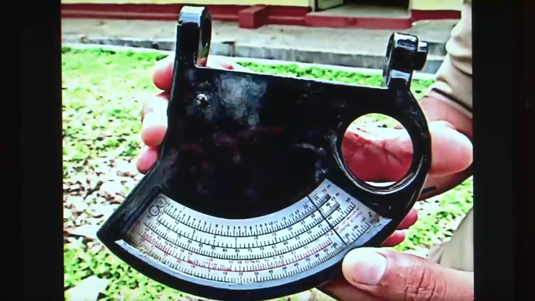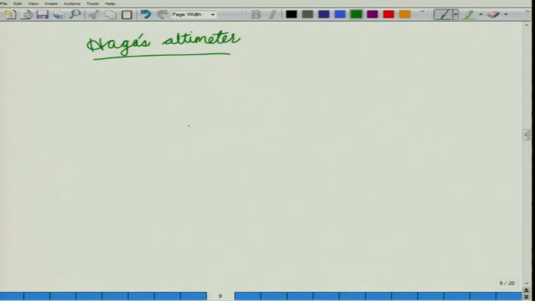Now, when we deploy this instrument, we use it like this. So, here we have a crosshair and here we have a circular hole.